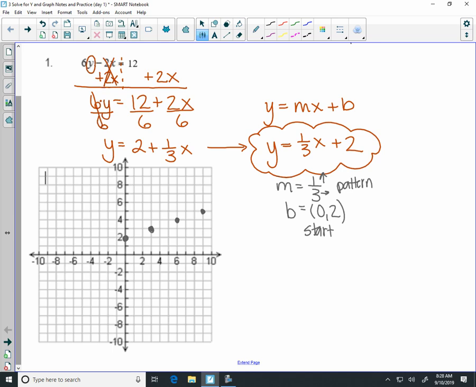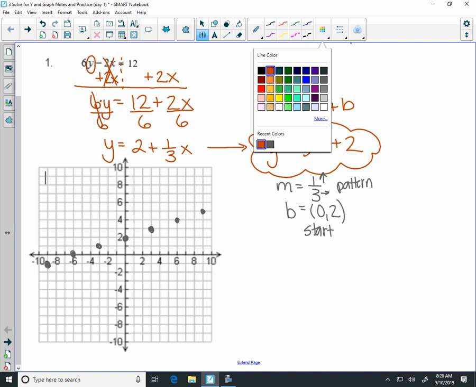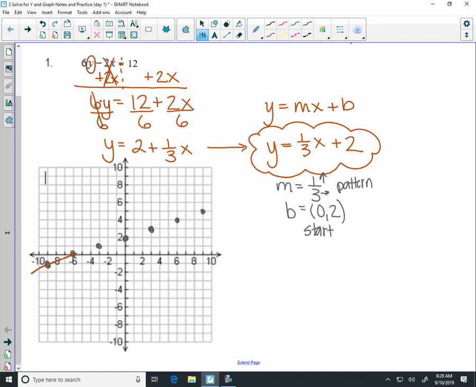And then we're going to go down 1 and left 3 to finish it out. Again, you're going to fill in all those dots.